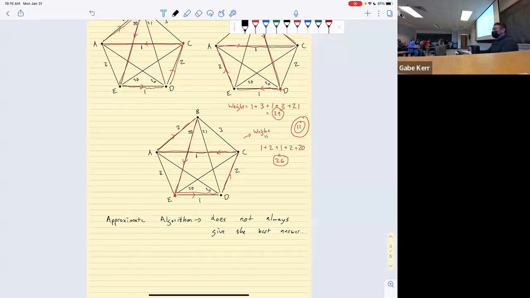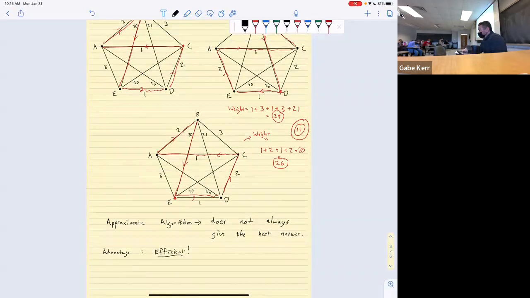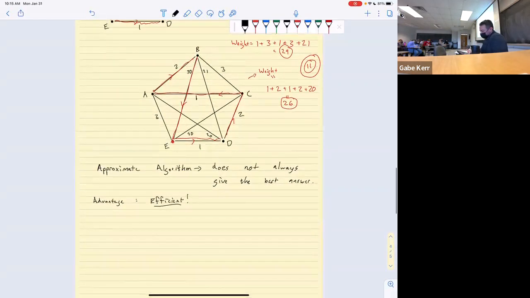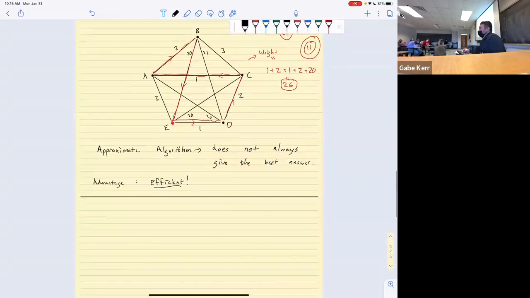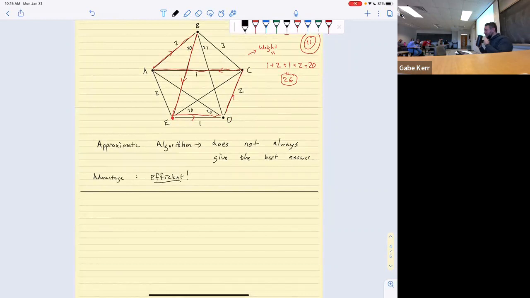So the advantage is that this is very efficient. Life is filled with choices, right? Sometimes you have to choose between perfection, the best answer, and speed.